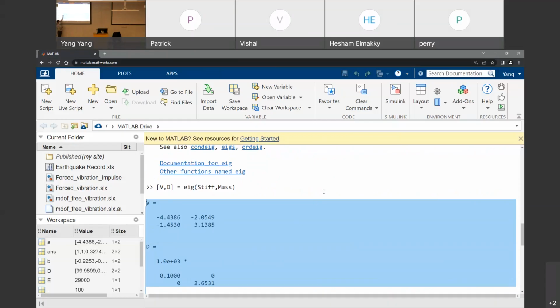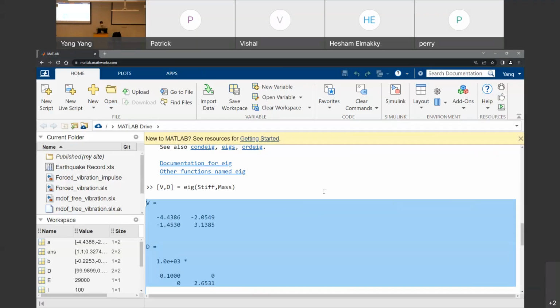So the numbers themselves do not make any sense. Only the ratios between the two numbers in the same column give us the information of the mode shape. And the eigenvalues are the squares of the natural frequencies, rather than the natural frequencies themselves.